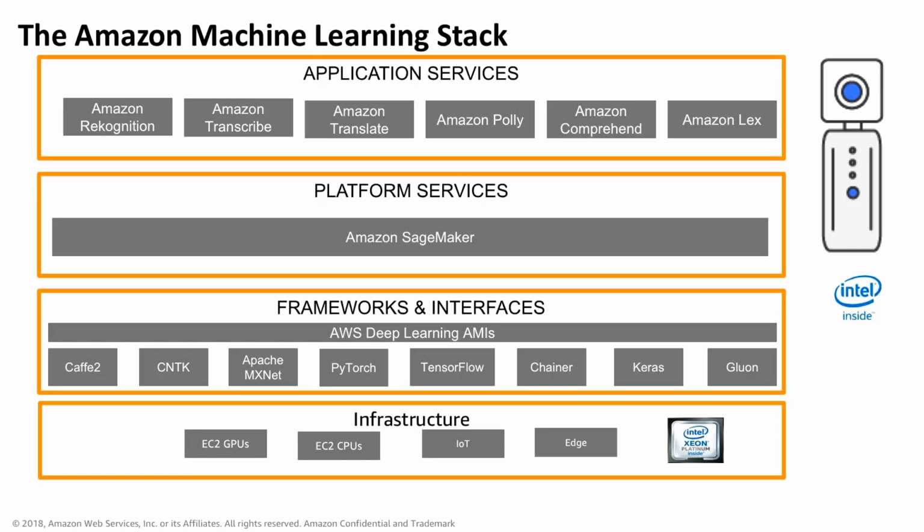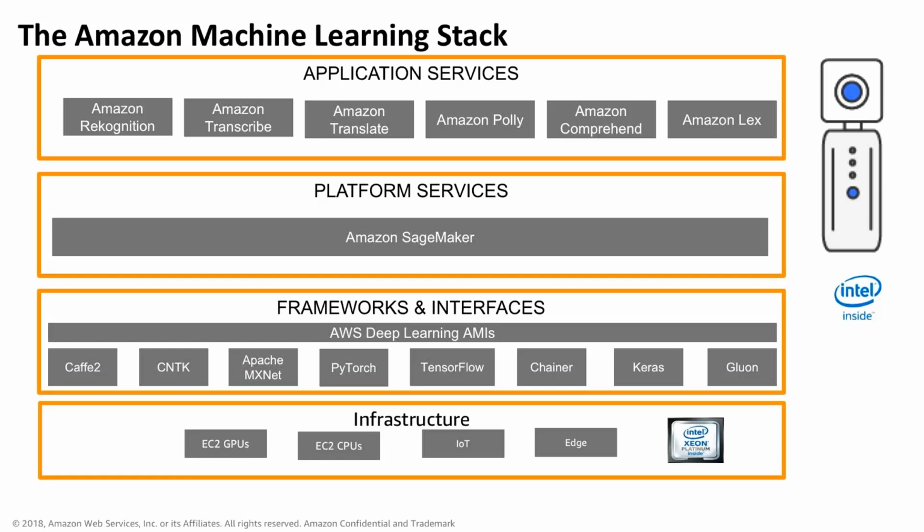And so to that end, we have a machine learning stack of services. At the top layer is our application services. These are services such as Amazon Rekognition, Amazon Transcribe, Amazon Translate, services that allow developers to leverage our own deep learning and machine learning models for specific use cases. And they're able to leverage these services by making a simple API call.